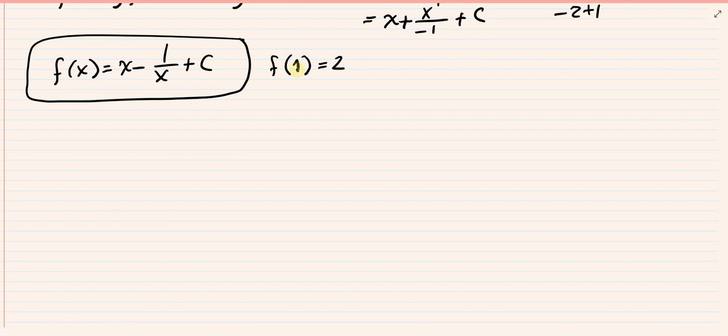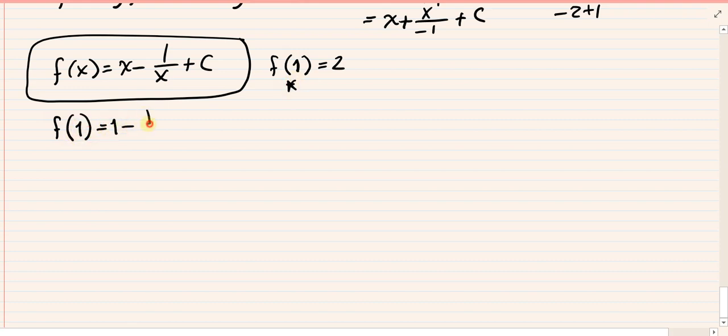So here's what we need to do. We need to plug in at 1, so I'm going to put 1 for x. That's 1 minus 1 over 1 plus a constant. But that should equal 2, so we set it equal to 2 and then we solve for c. Now 1 minus 1 is 0. From this we get c is equal to 2.